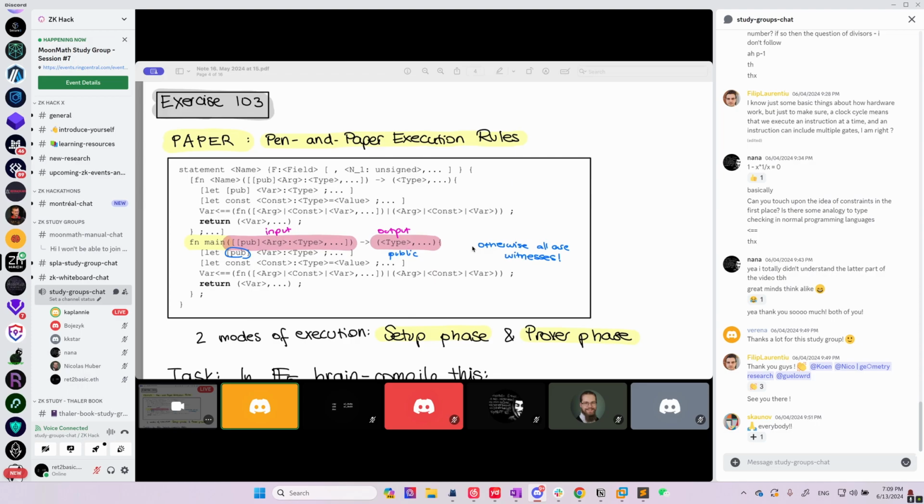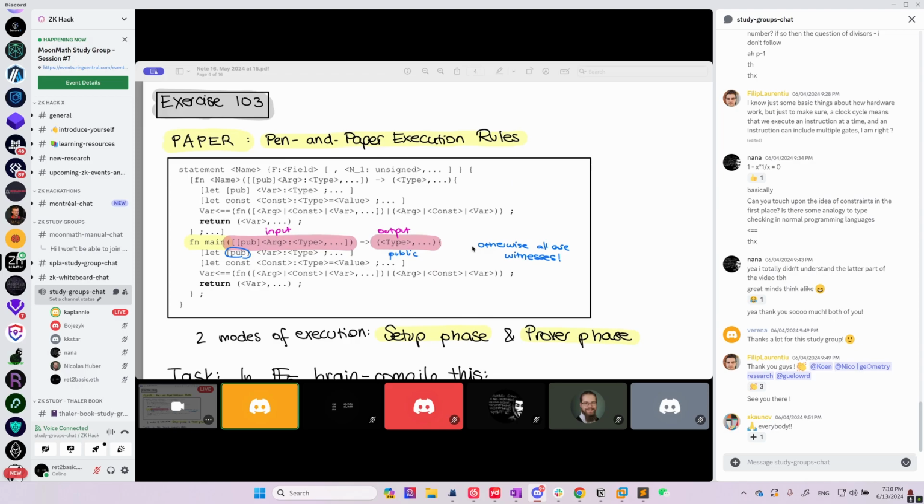Let's see, any other thing that I wanted to say. In general, you should think about this language as having a setup phase and a prover phase.